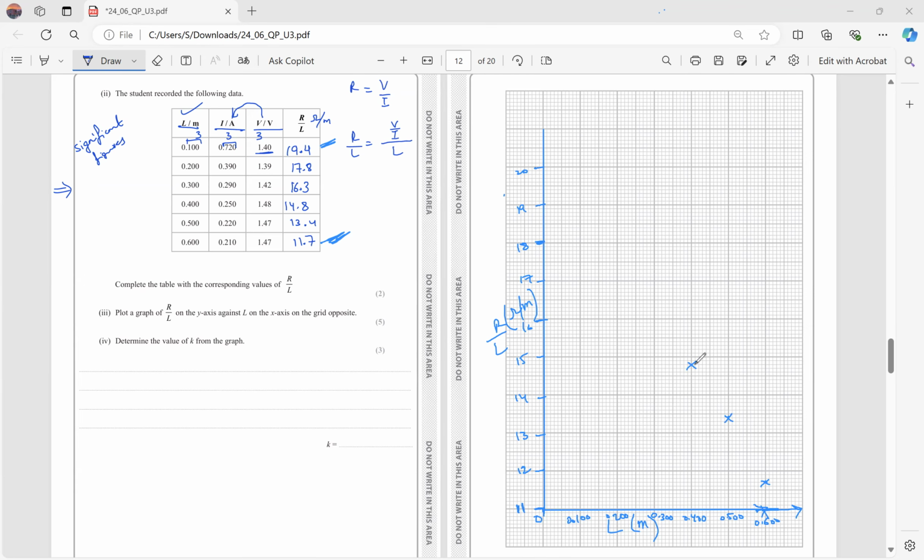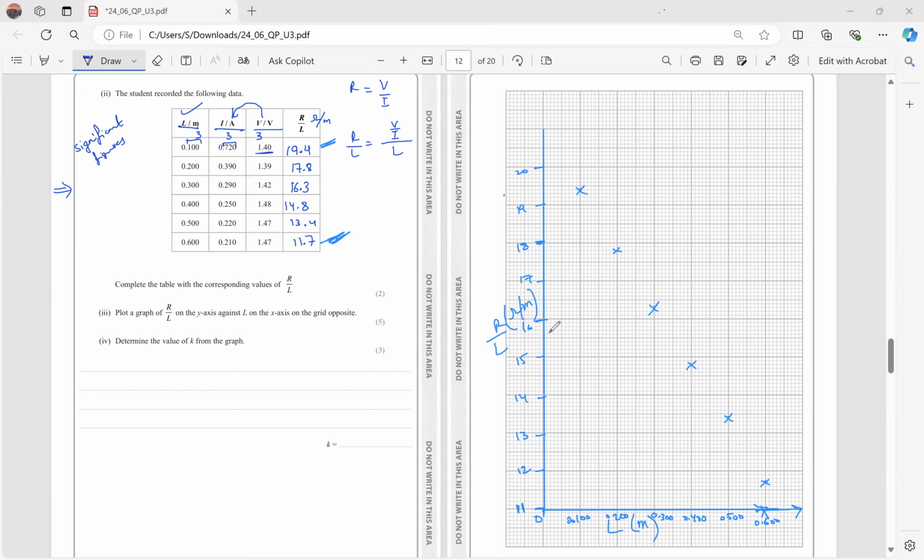Then 16.3, that's above 0.3. And 17.8, that's for 0.2. Where is that? Yeah, over here. And the last one is 19.4, that's for 0.1. So 19.4 is this. That was an easier graph to plot.